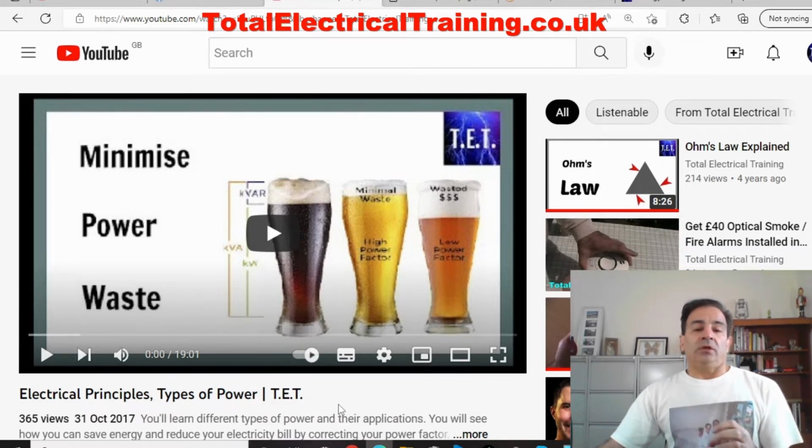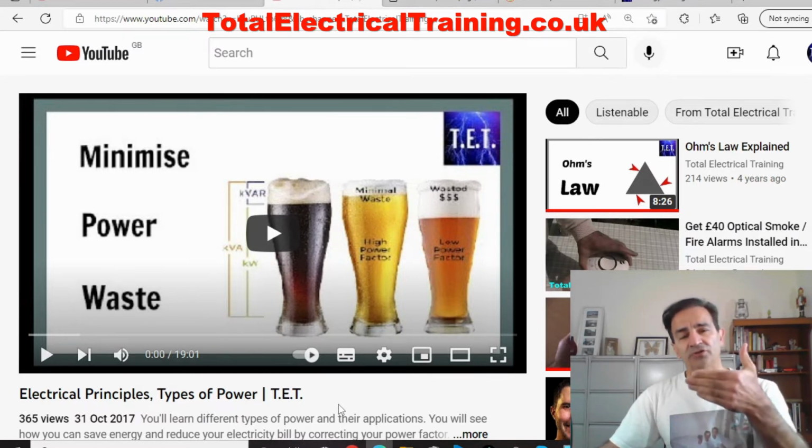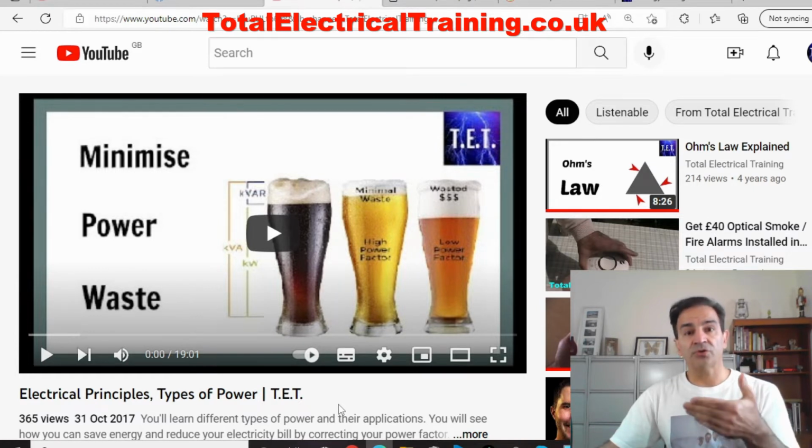Now, if you look at your energy bill, go to the section that is actually providing you with the information about your electric consumption and how much per kilowatt hour you've been charged.